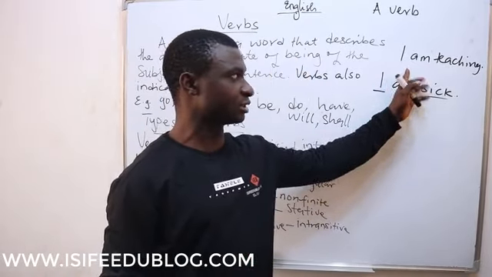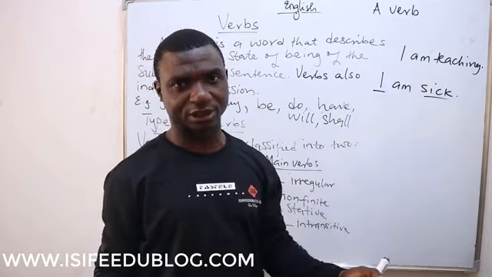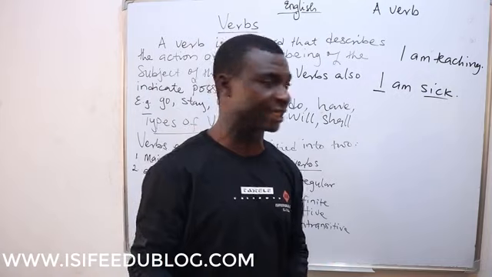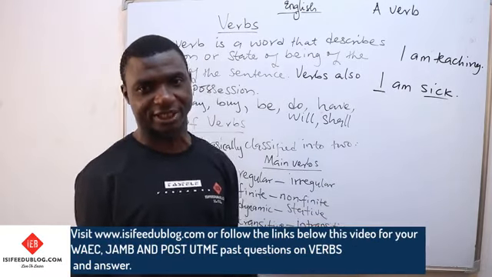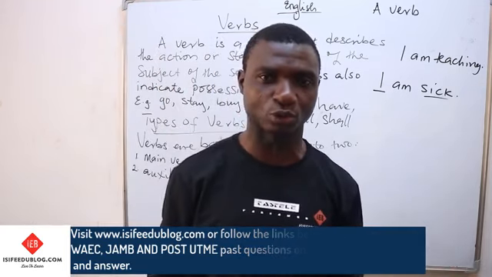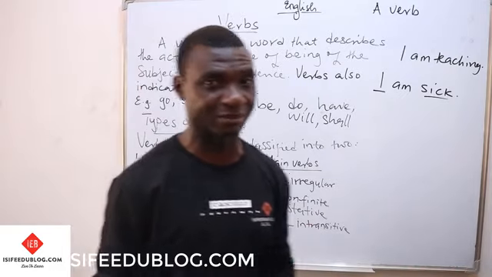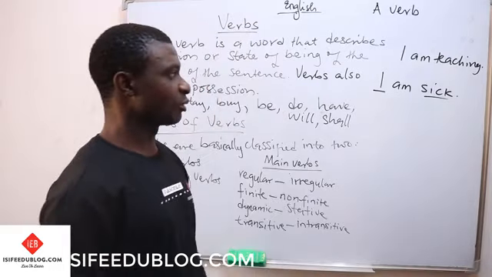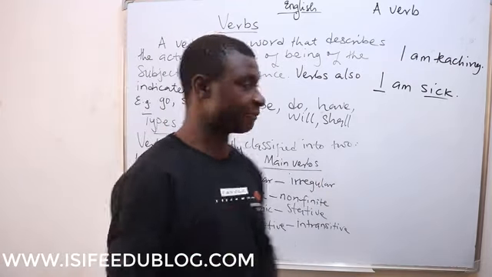But in I am teaching, an ongoing action is being performed by the subject. Therefore, we can continue to say that a verb is an action word or a doing word and stop there. That is elementary. That is for the primary school and probably junior secondary 1 or 2. But generally, we should move on to describe verbs for what they are.